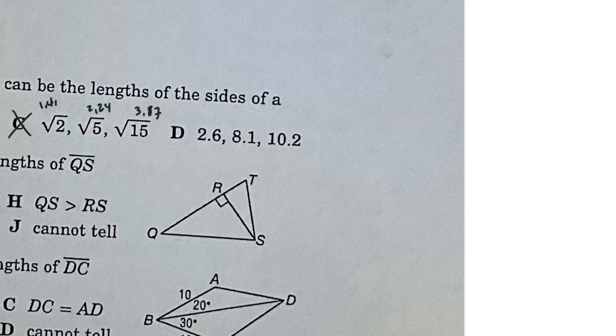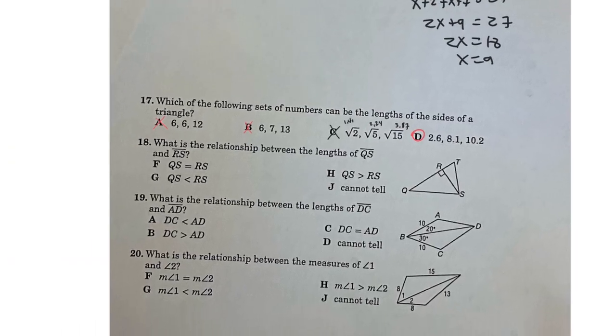Well, 10.2 minus 2.6 happens to be 7.6, and this is certainly greater than that, so we're happy. Is this less than the sum of the other two? Yes, it is. And is it greater than the difference of the other two? Yes, it is. So this can be a triangle.